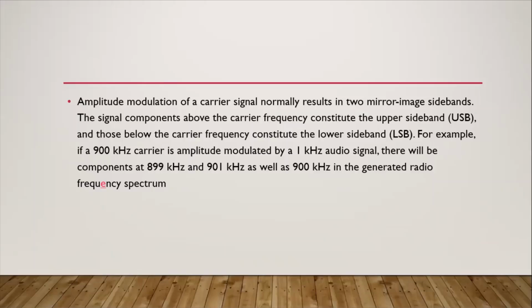Okay, ibig sabihin meron siyang sa left at saka sa right, or yung mababang frequency at saka yung mataas na frequency na nasa range ng 900, doon lang sila mag-ooperate para maiwasan yung mga interference with the other radio station. Okay, that is the application of a sideband.